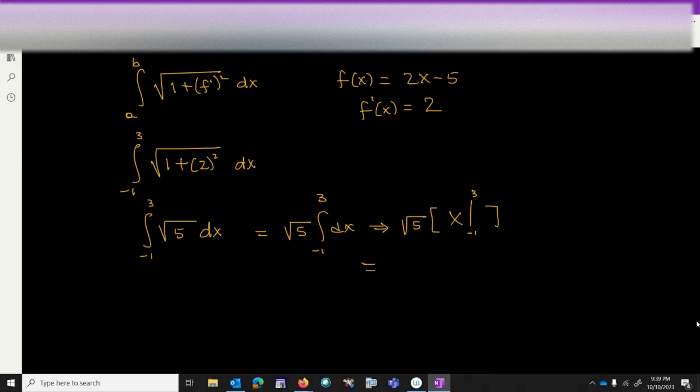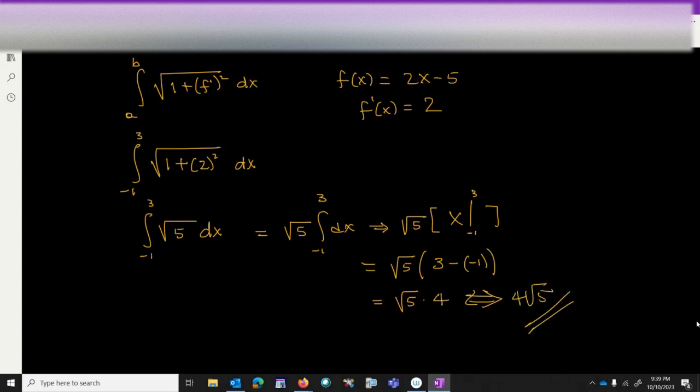So finally, root 5 times the upper limit 3 minus the lower limit -1, which is root 5 times 4. So this is equal to 4 root 5.